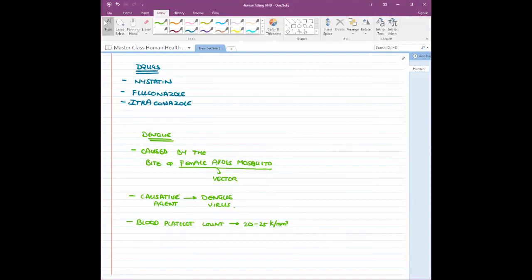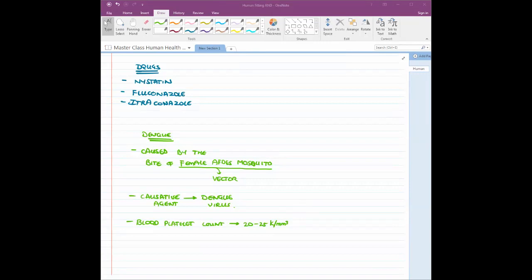Now, guys, is there any prevention or cure for this? Prevention means you should take care that you don't have mosquitoes around: cleanliness, no stagnant water, all that. But is there any drug present? Guys, no. At this moment we do not have any treatment as such.